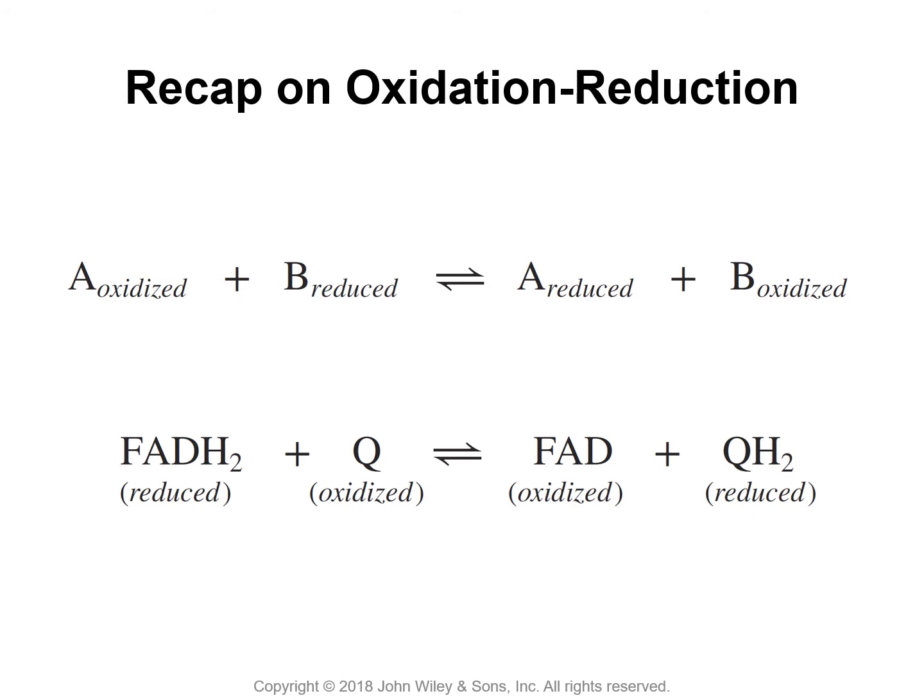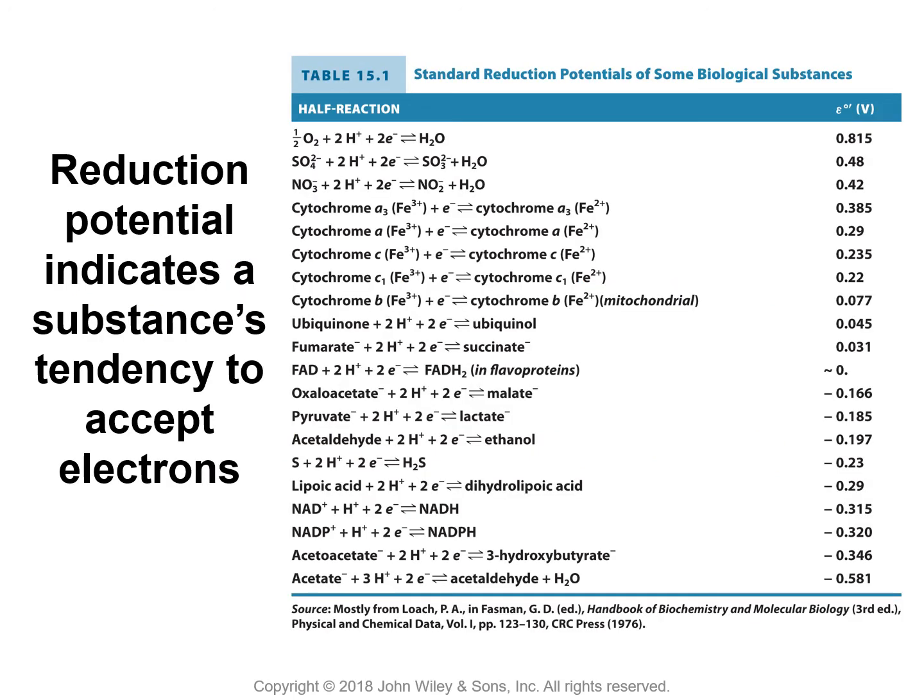Now, surprisingly, this is one of the things that I'm actually going over and talking to my students in 202: reduction potentials. This chart right here shows reduction potentials of some biological substances.